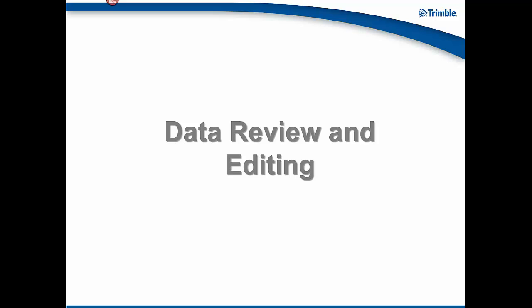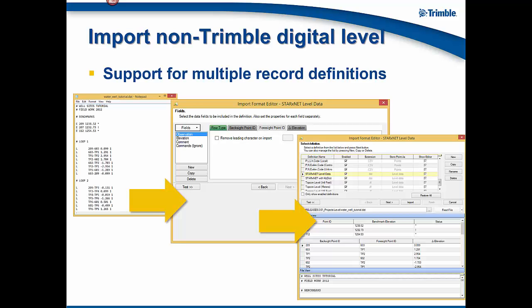On the data review and editing side of things, we have enhanced our support for non-Trimble digital level file formats. So now you can bring in file formats that have variable row definitions, like in this example, this StarNet file. You can form your custom format import that will match exactly that file definition, and you can bring that level data into TBC.